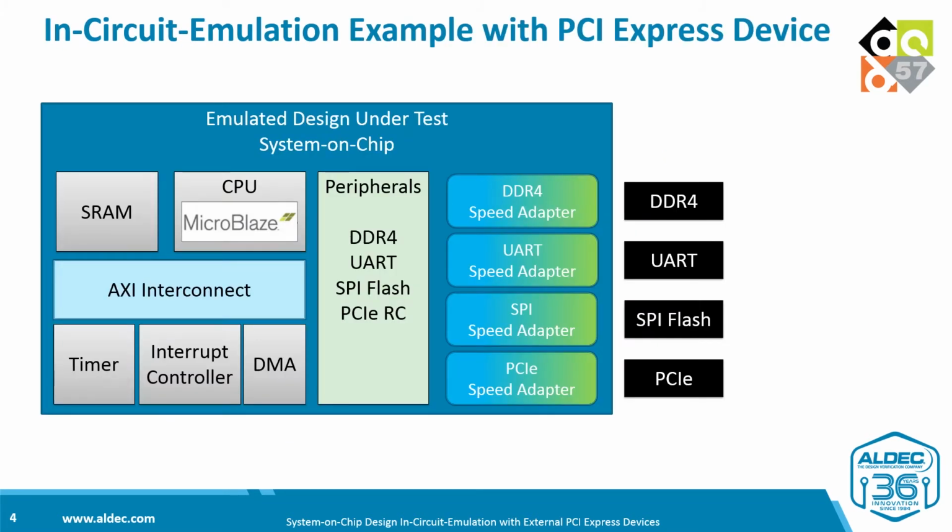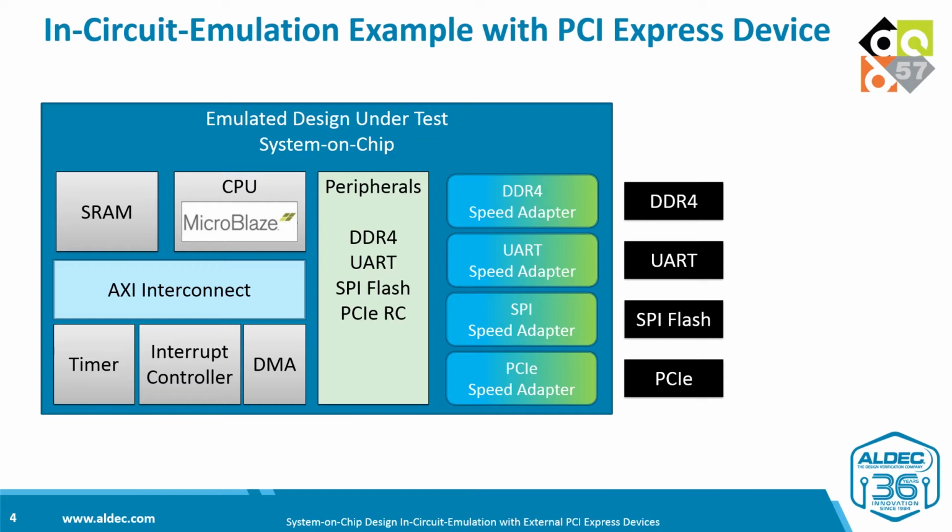So let's check what it takes to design a PCI Express speed adapter appropriate for FPGA-based emulation environment. For this purpose, we'll use a system-on-chip design as shown in the block diagram. It's based on Xilinx MicroBlaze CPU, but any other processor like RISC-V or ARM cores can be used as well.